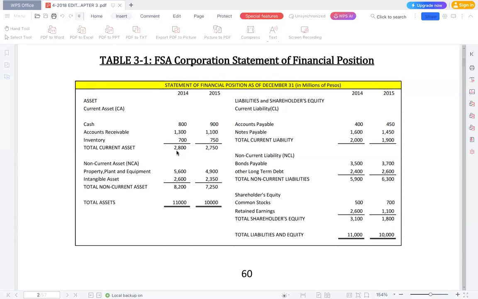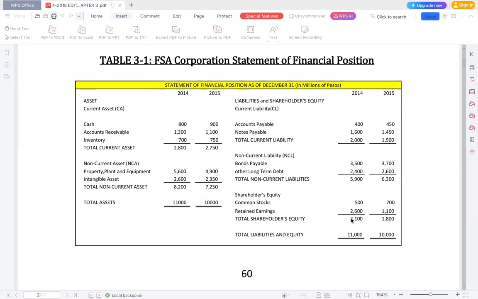So the total current asset is 2.8 million and 2.75 million, while the total non-current asset is 8,200 and 7,250, in million. And the total asset, we have 11,000 and 10,000.